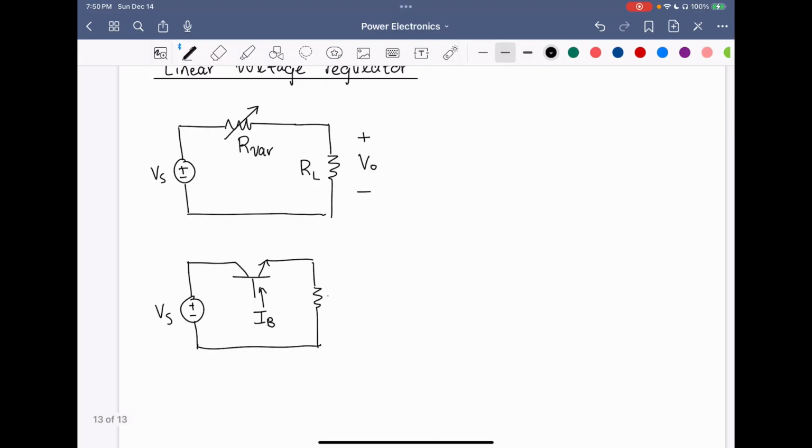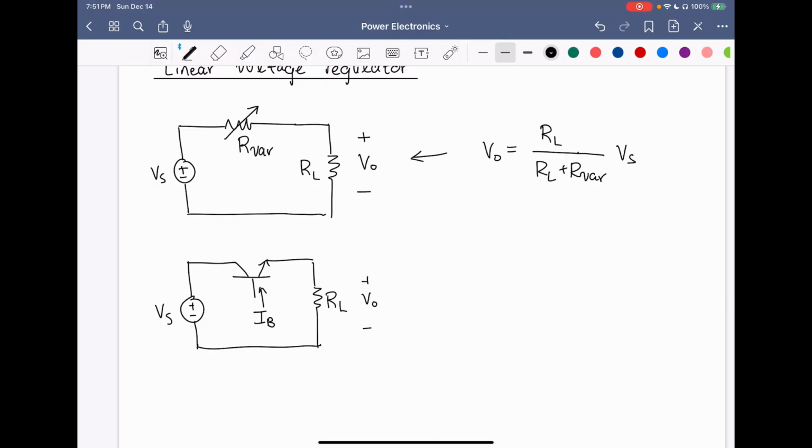So this is in essence how we would implement R var. Now, this circuit lends itself to very basic circuit analysis. The output voltage is just given by a resistive divider. So VO is equal to RL over RL plus R var times the source voltage Vs.